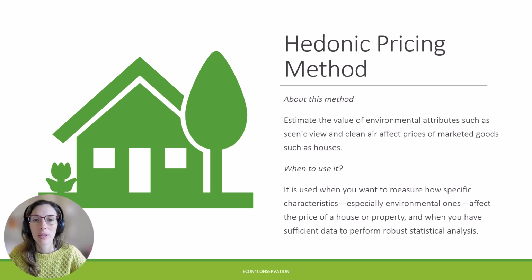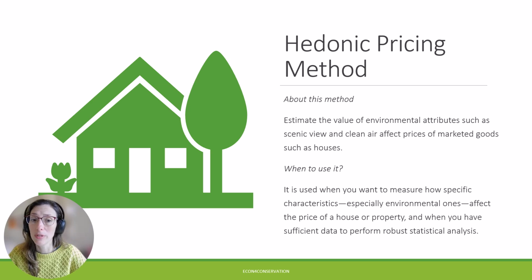The idea of the hedonic pricing method is that you can decompose the price of a house into all the components that affect this price, like its size, the number of bedrooms, the number of bathrooms, and some environmental attributes as well, like if it's close to a park or if it's located in an area with low noise levels. The assumption is that people are willing to pay more for certain environmental qualities or attributes.